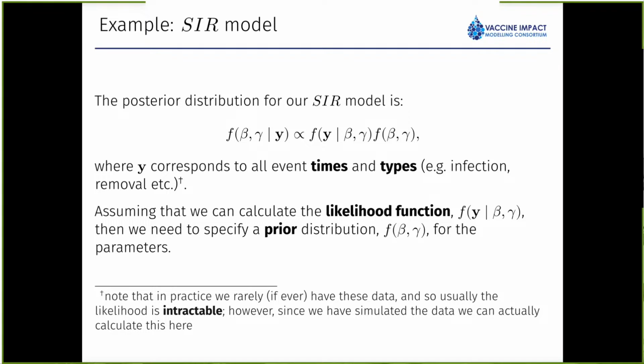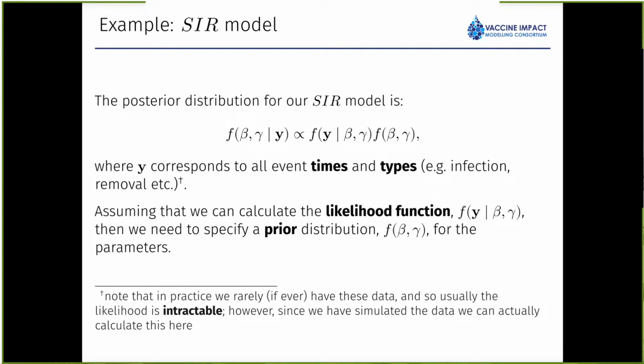So the likelihood is exactly the same as it would be in classical frequentist maximum likelihood, okay? But what we do need is a prior distribution for these two parameters, okay? And if we specify this prior distribution, then we can estimate the posterior distribution.